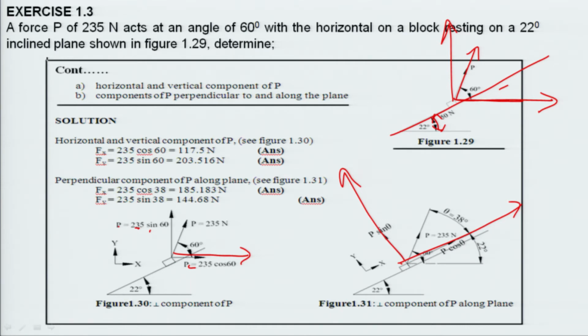We need to find this angle. What will be its value? It will be 60 minus 22, which is 38. So, the value of this component will be 235 cos 38, and the other component is this one.